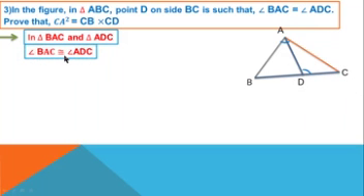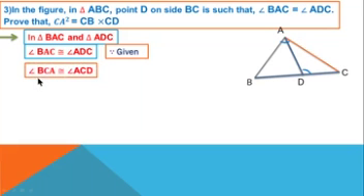Angle BAC is congruent to angle ADC because that is given. Angle BCA is congruent to angle ACD.